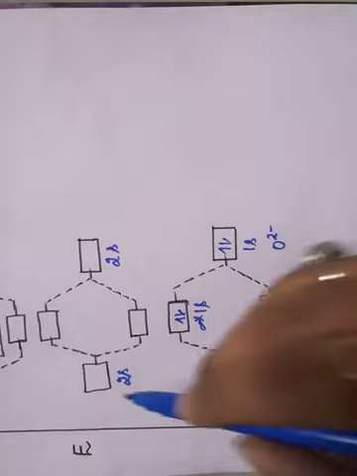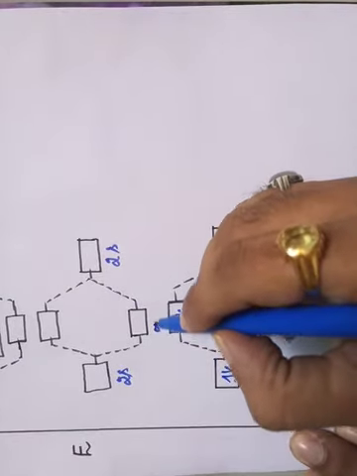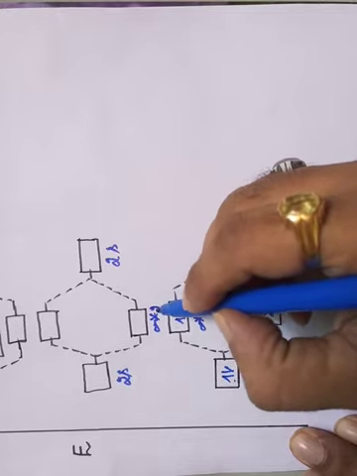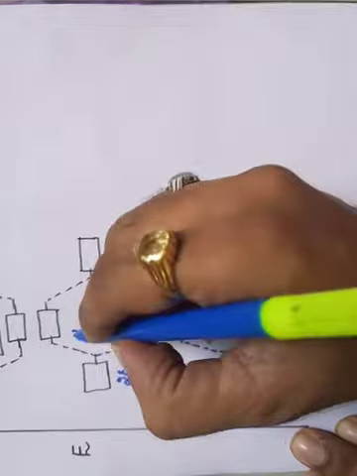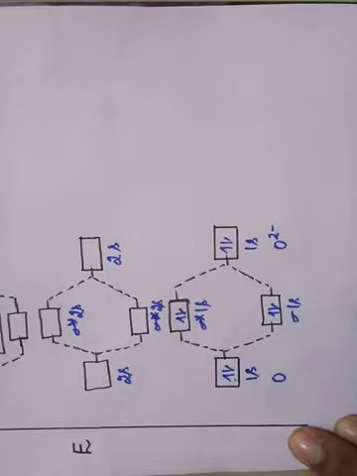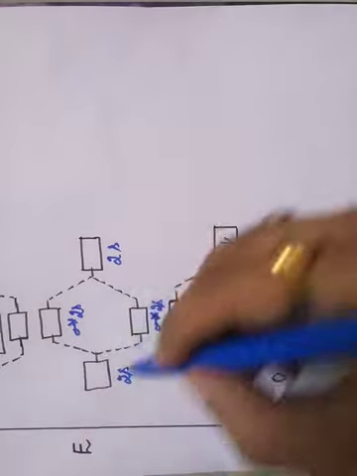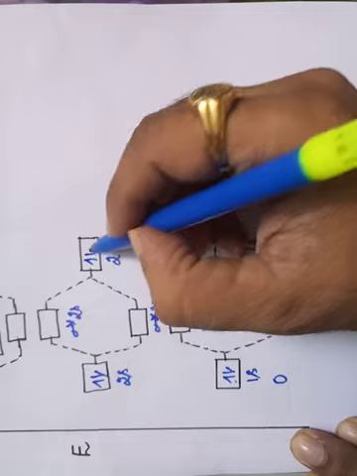So when 2s atomic orbitals overlap, we know that they form sigma 2s and sigma star 2s. The 2s atomic orbitals contain 2 electrons each.